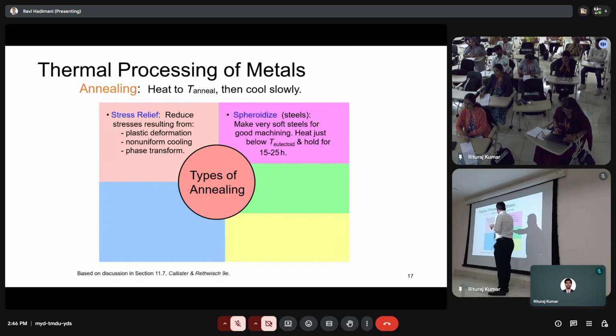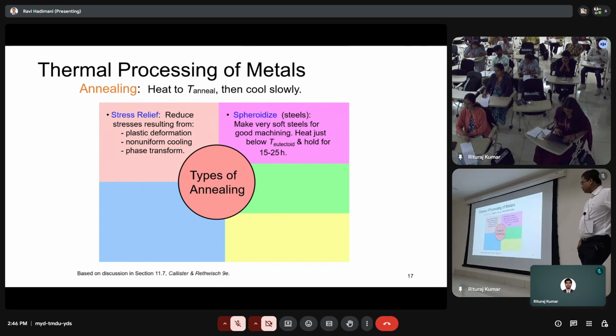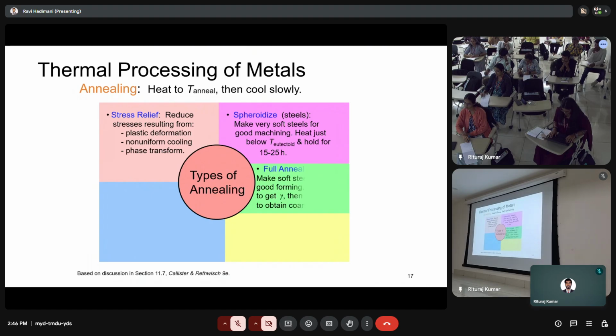You also have spheroidized annealing, which is normally for steels. This is where you make steels soft. By doing that, you change the morphology or the microstructure of the steel, and that is spheroidized. Basically, you are introducing a lot of spherical microstructures in the steel.